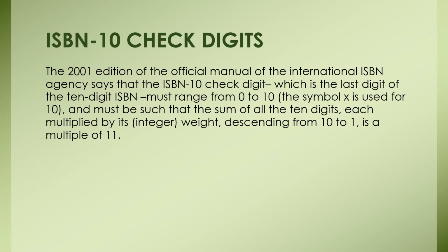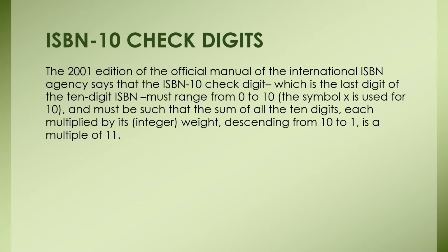So now we are going to proceed on how to solve for the ISBN 10 check digit. And later on we're going to have examples for further understanding. The 2001 edition of the manual of the International ISBN Agency says that the ISBN 10 check digit, which is the last digit of the 10-digit ISBN, must range from 0 to 10.